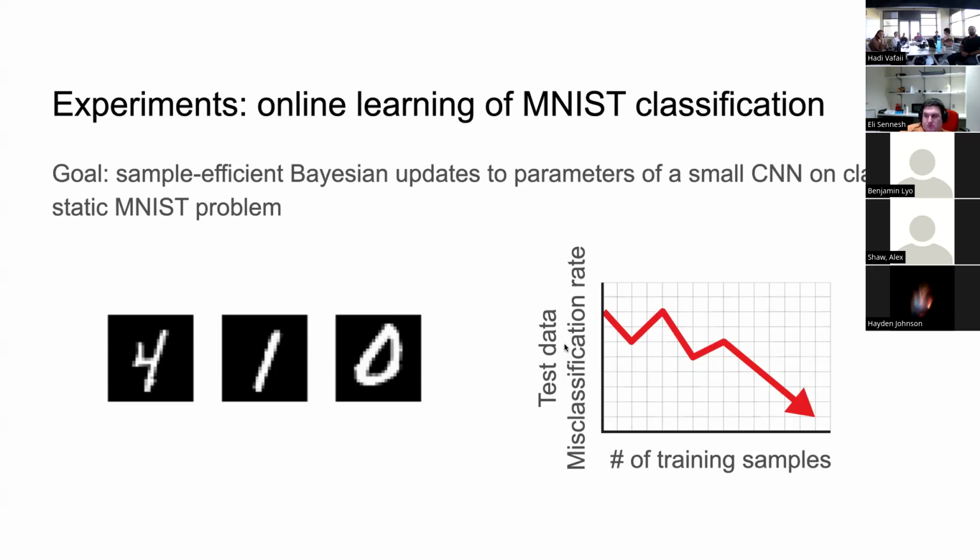So just quickly, based on the motivation that Hadi was talking about earlier, I just want to take the temperature of the room. How do we feel about this task as a nice example of doing online learning? Any thoughts? Pretty simple.